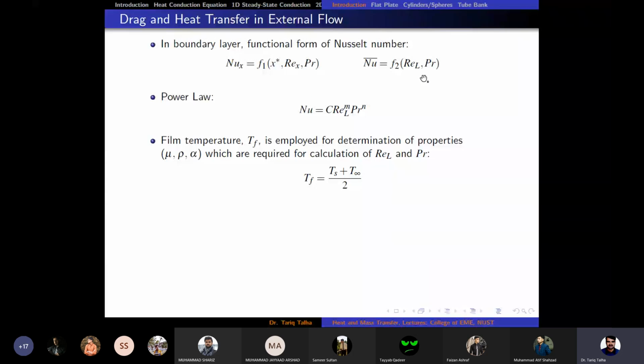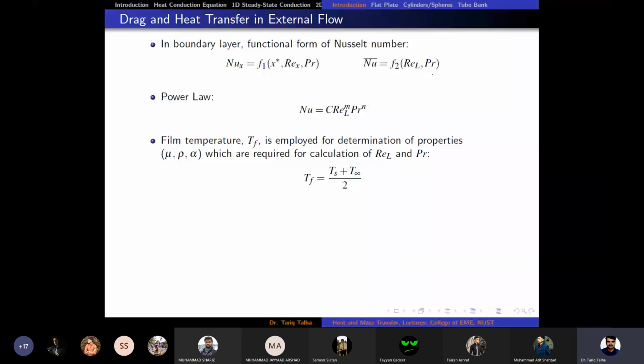In order to get these properties, because they are a strong function of temperature, if we evaluate them at 10 degrees, it would be a different value, and if we evaluate at 100 degrees, it would be quite a different value. So Reynolds number and Prandtl number are strong functions of temperature.